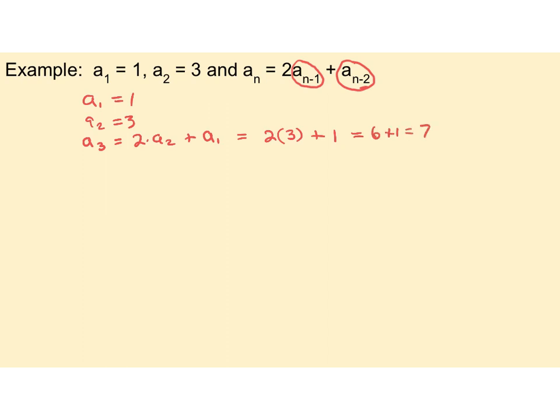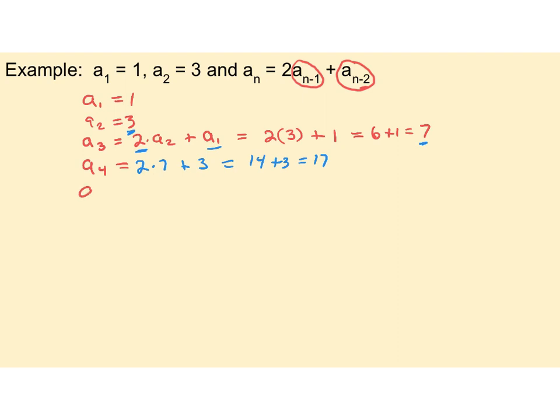So now if I think about this in terms of the formula, really what I'm doing is I'm taking the term before it, multiplying it by 2, and adding the term before that. So in this case, it's going to be 2 times the term before it, which is 7, plus the term before that, which is 3. So that would be 14 plus 3, which is equal to 17.